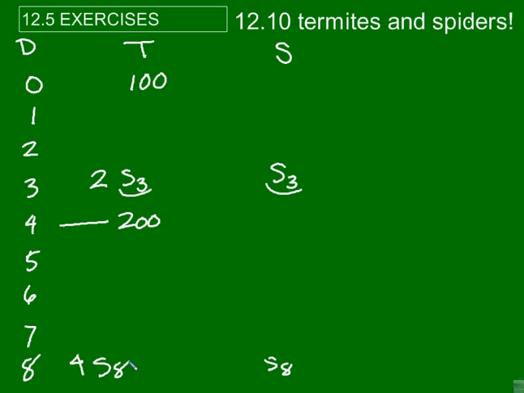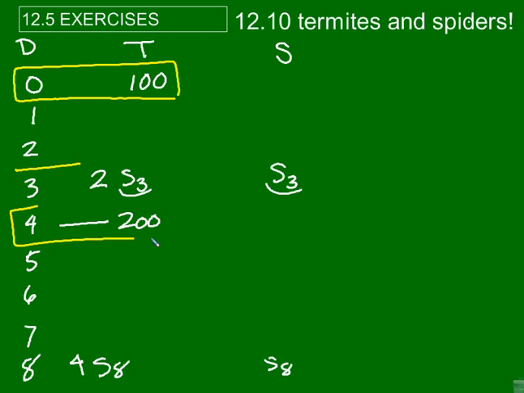How long in days does it take the population of spiders to triple? Okay, well, we're going to start off with the termites because I have 2 data points. I got this data point right here, and I've got this data point right here, and that's enough to come up with an equation.